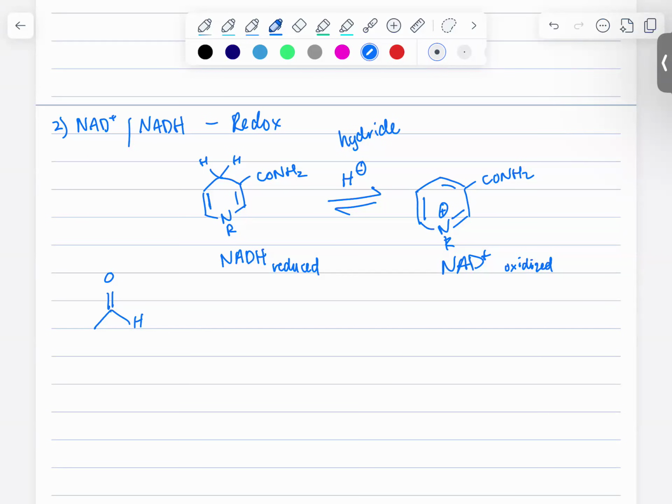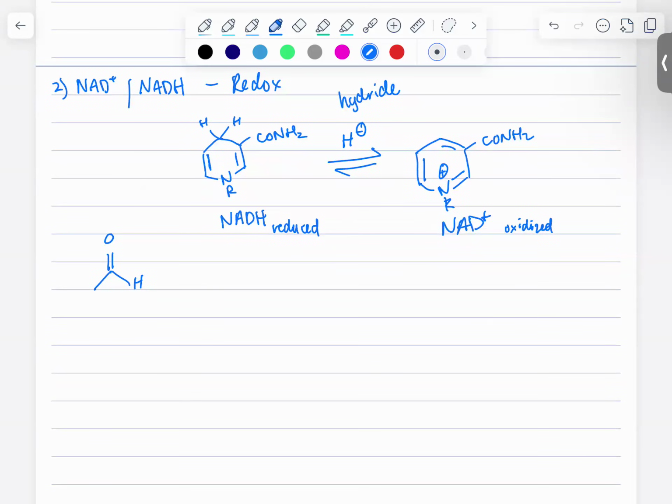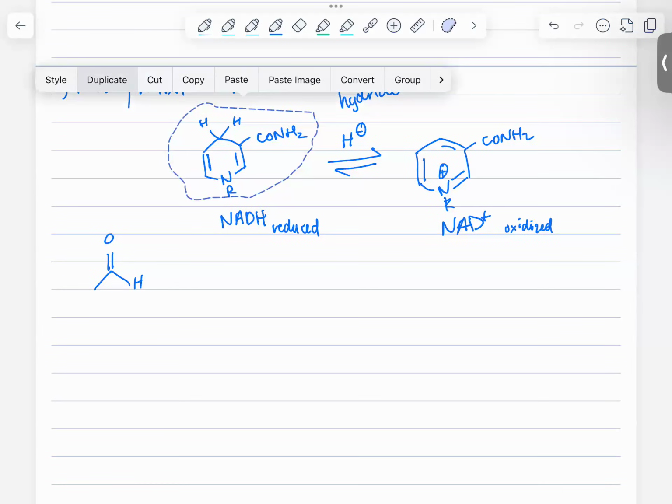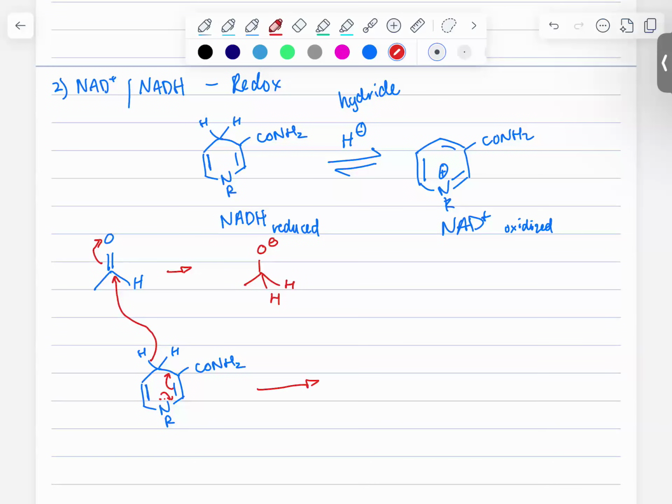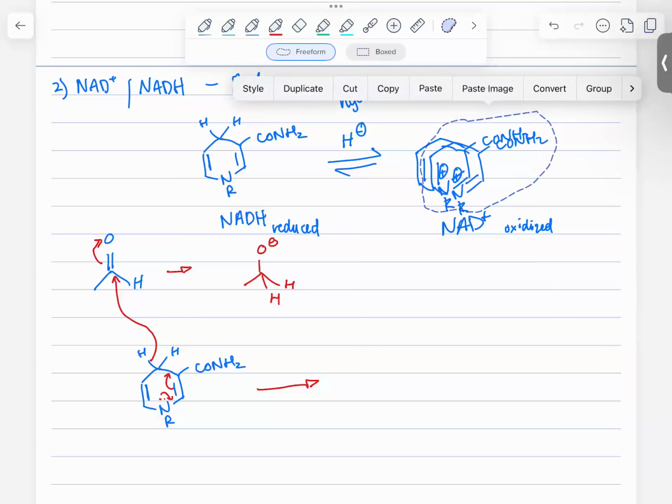So if we have our aldehyde here, and we take our NADH, we can take the lone pair on the nitrogen and move those electrons up, where we get this intermediate, as well as our NADH has now become NAD+.